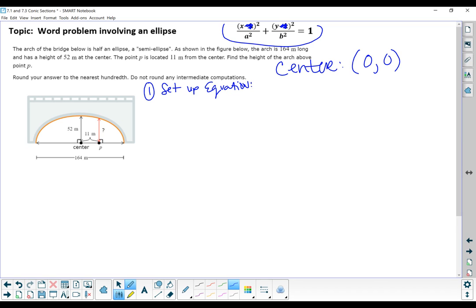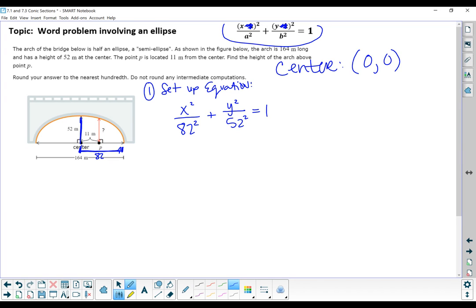So we have x squared over, in the x direction, our major axis length is going to be half of that whole ellipse, so it's going to be 82. And don't forget that that's squared. And then plus y squared over, and the height right here, that minor axis is 52. Don't forget to square it. I know these are huge numbers, but don't forget to square them, and that's equal to 1.